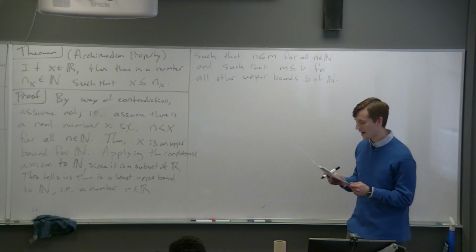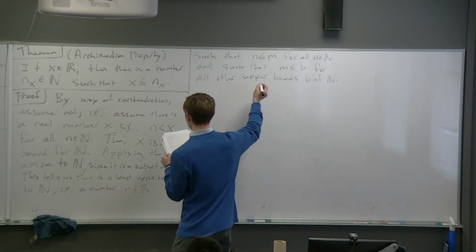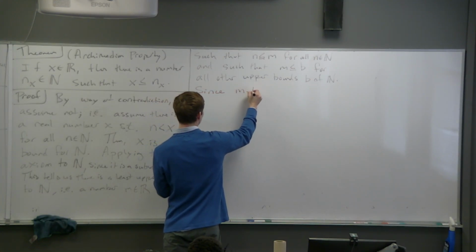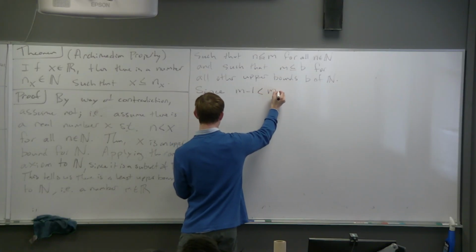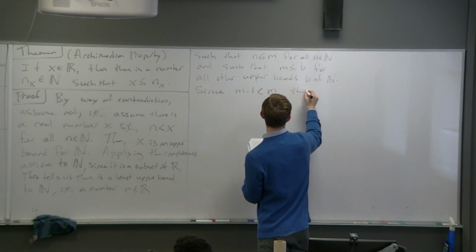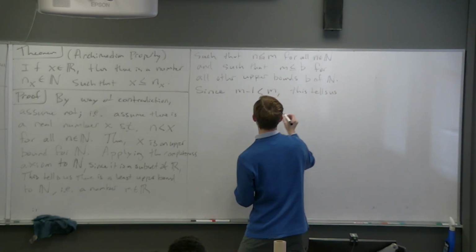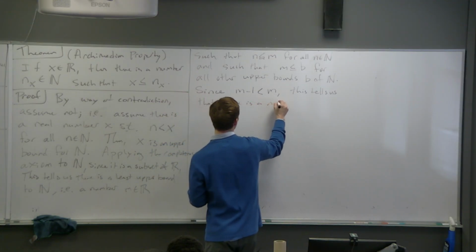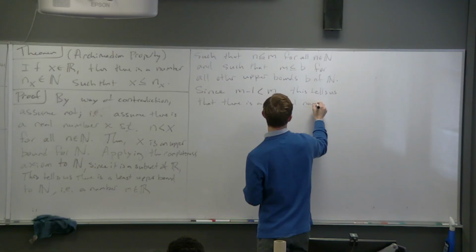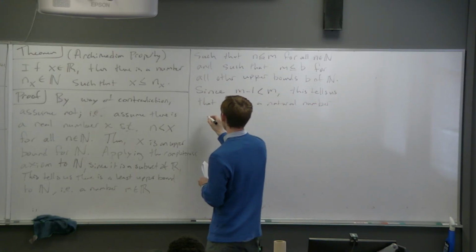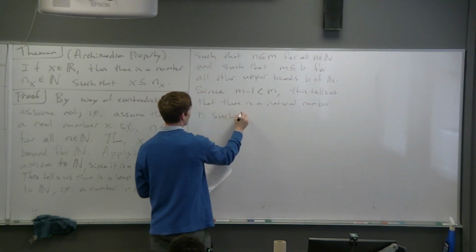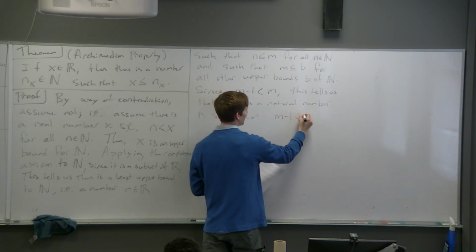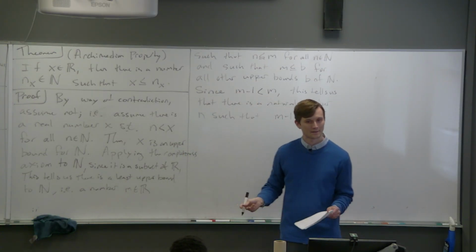Okay. Now, since m minus 1 is less than m, this tells us that there is a natural number n such that m minus 1 is less than n, right?